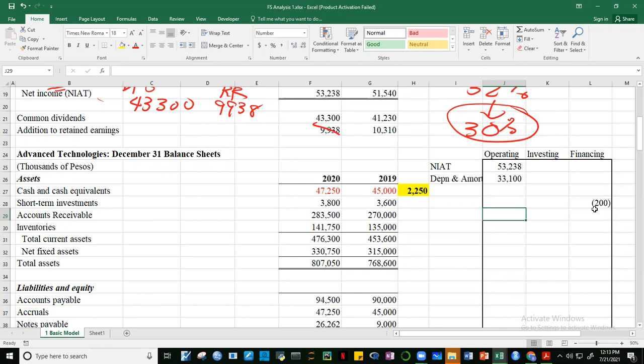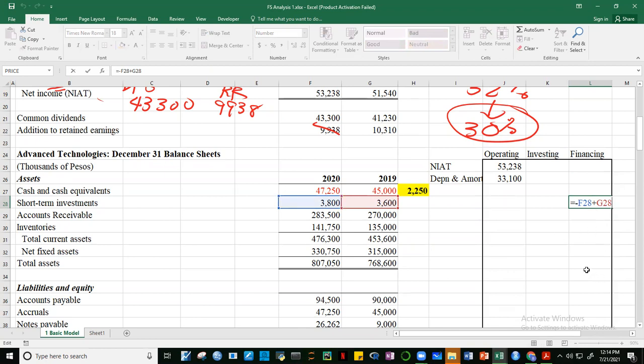Hello guys, parang tahimik nyo. Any comments? Mali pa rin ba? Bakit? Diba sabi niya F28 muna? Tama na ba guys yung formula natin?